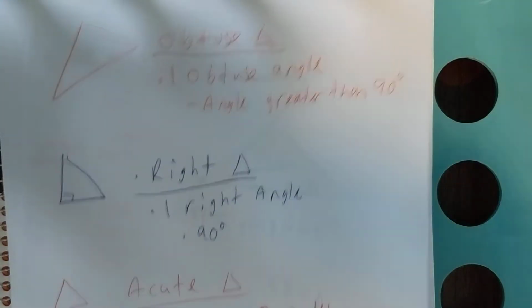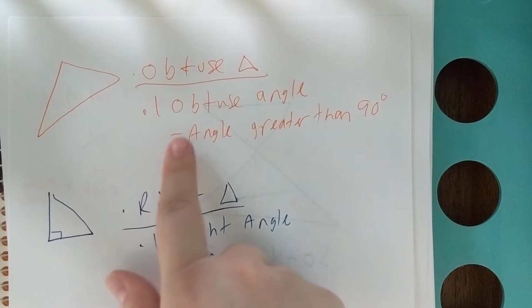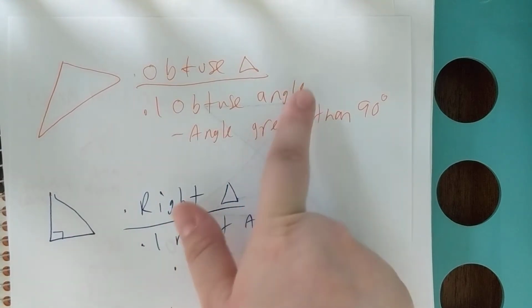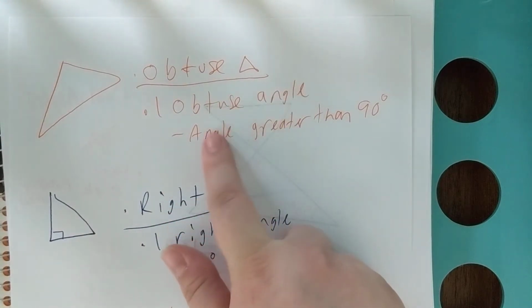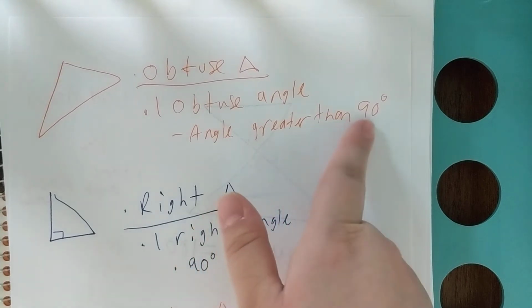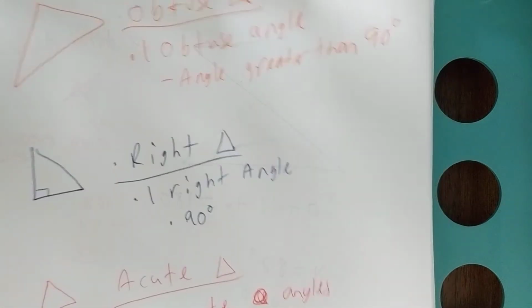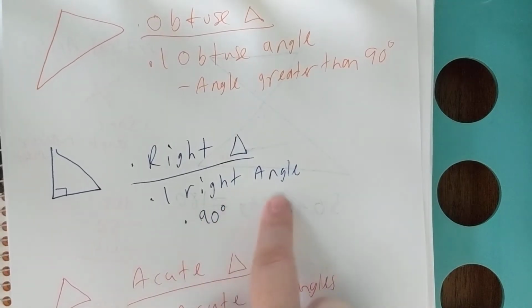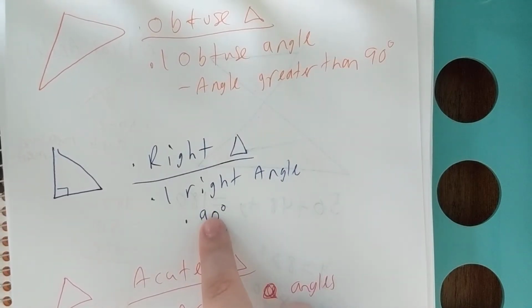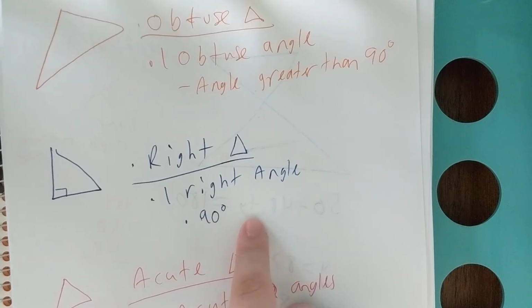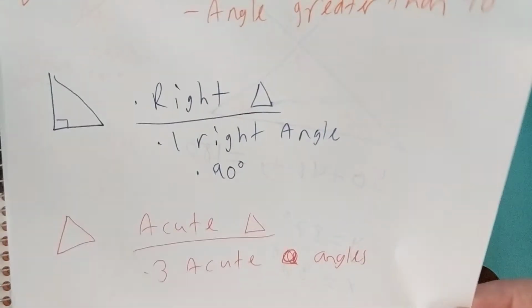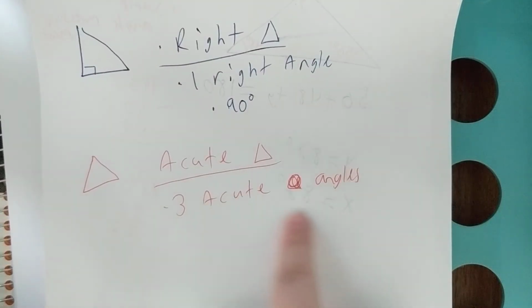An obtuse triangle has one obtuse angle and 2 acute angles, and an obtuse angle is an angle that's greater than 90 degrees. A right triangle has one right angle, which is 90 degrees, and 2 acute angles. And an acute triangle has 3 acute angles, which are less than 90 degrees.